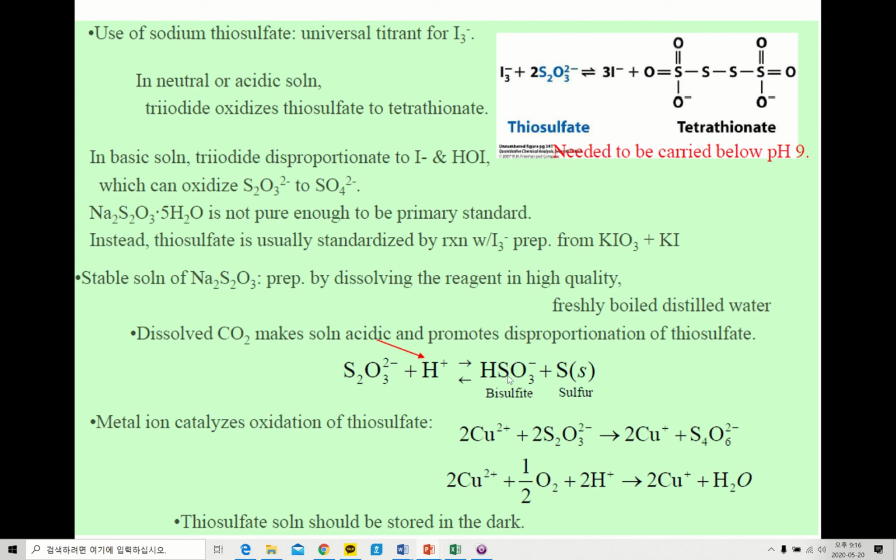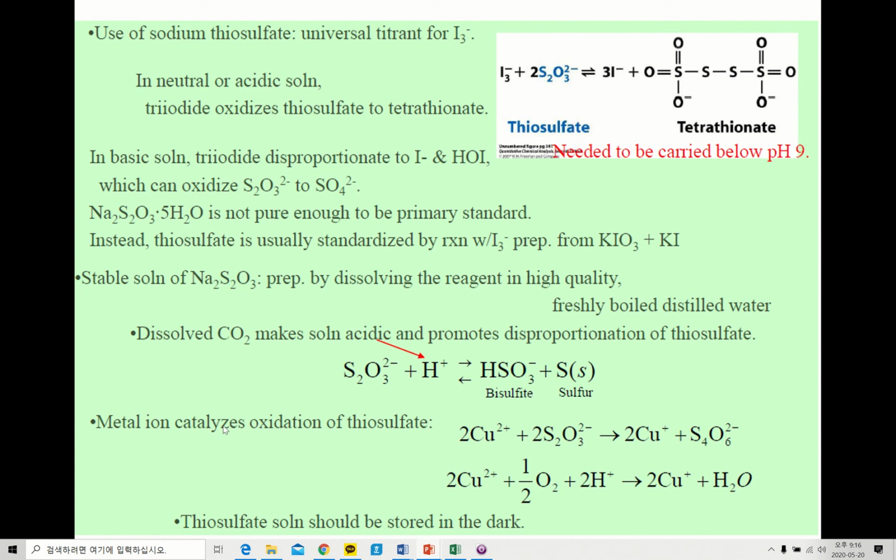This is 0, and what's the oxidation state here? Sulfur is +4, so the total charge is -1. So sulfur increased its oxidation state to +4 and decreased to 0. That is a disproportionation.